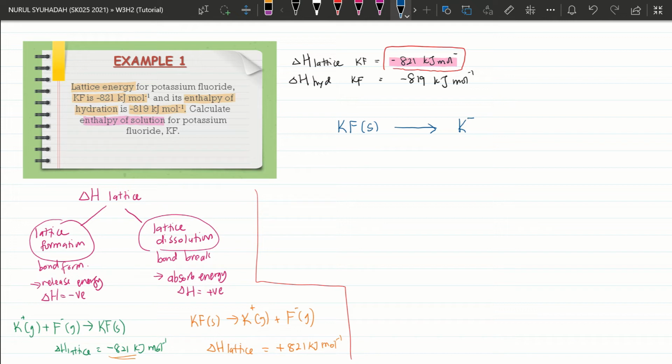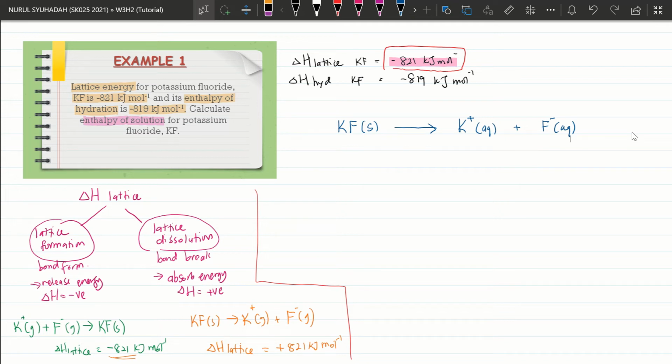So we have here K+, and then we have F-, and it must be in aqueous state. Okay, after that, please double check, make sure that the equation is balanced. So how are we going to balance this equation? Just balance the number of atoms. Okay, so you have 1K, 1K, 1F, 1F. This is very important. Later on in example 2, I will show you why checking the number of atoms is important.